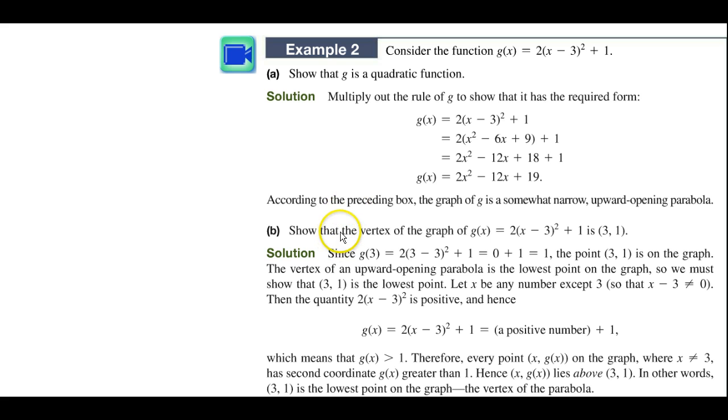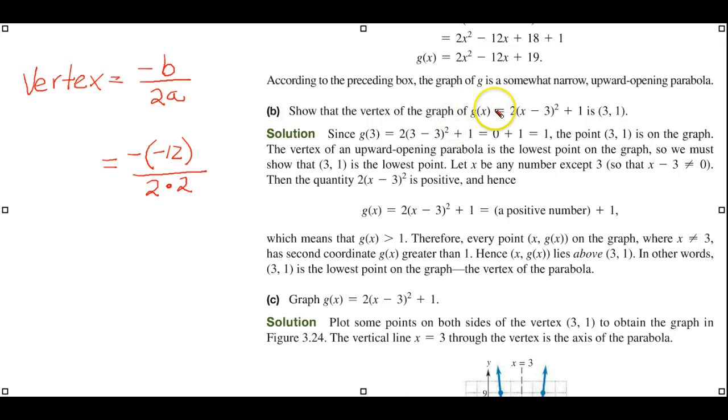Now they're also asking, show that the vertex of this graph, when it's in this form, is 3, 1. Now here they're describing the procedure for proving that 3, 1, which sort of comes out of this special formula here. The opposite sign of what we find there is 3 and then 1. That this is the vertex.